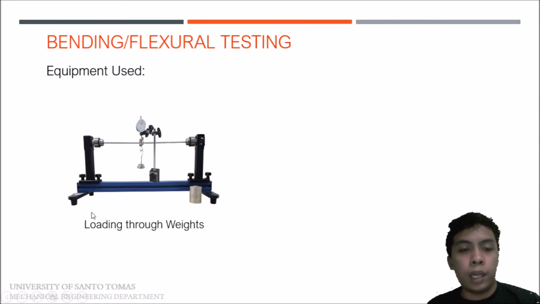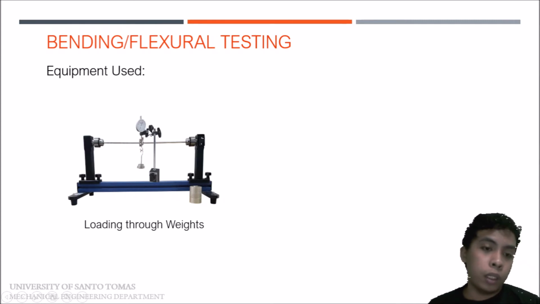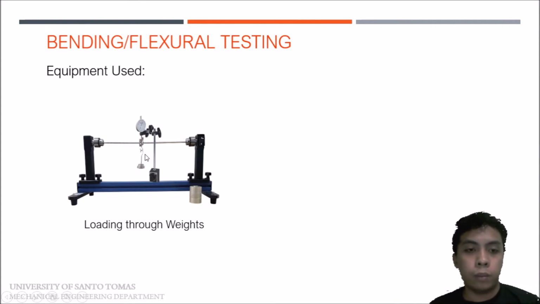And then we have a dial test indicator connected to the piece metal natin. So if we apply a force here due to weight, kasi meron kang hanger dito, no? Na patungan ng weight. Pag nilagyan mo ng weight yan, of course, the piece metal natin magbe-bend. So yung movement by that bend will be measured using this dial test indicator.